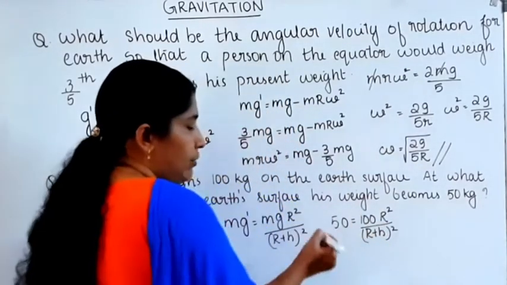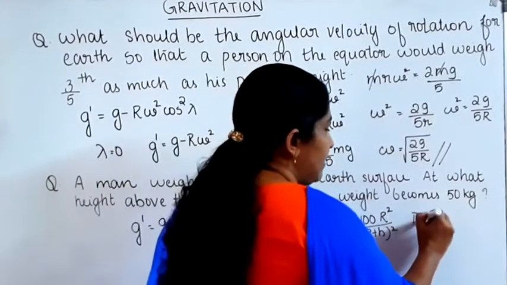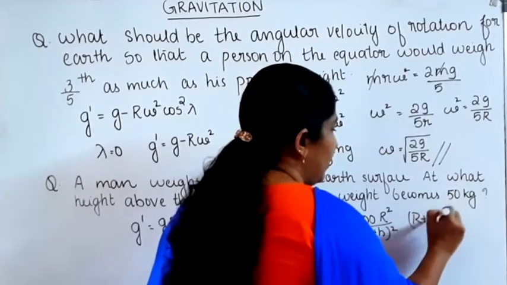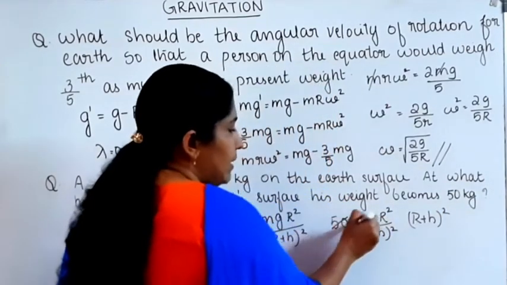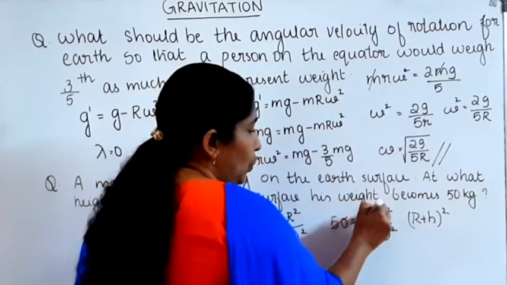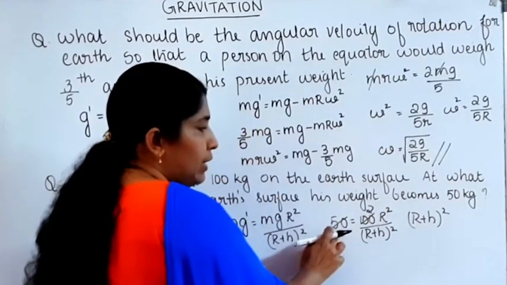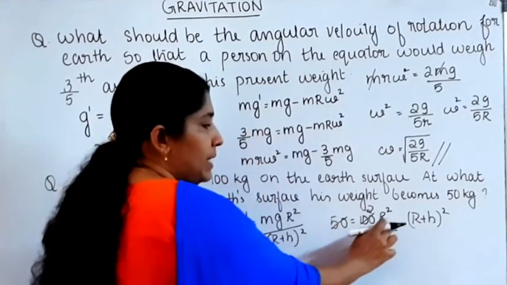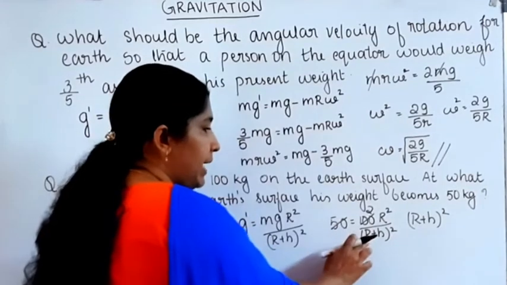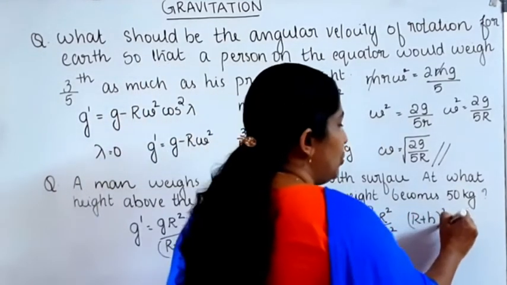On rearranging this equation, 50 cancels to 100, that's equal to 2. Then 1 is equal to 2R square divided by R plus h the whole square. So we can write R plus h the whole square is equal to 2R square.